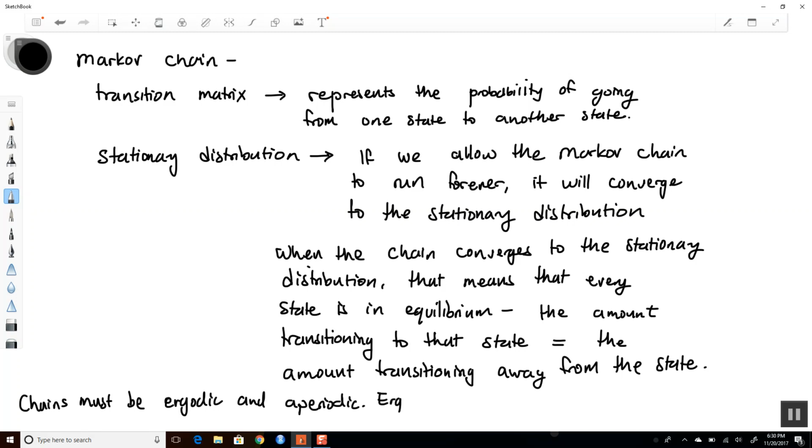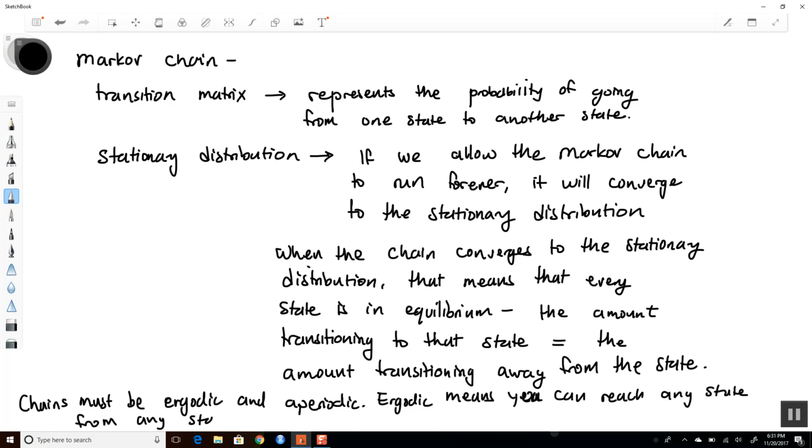Ergodic, or ergodic, I don't know how to pronounce these things. Ergodic means you can reach any state from any state.